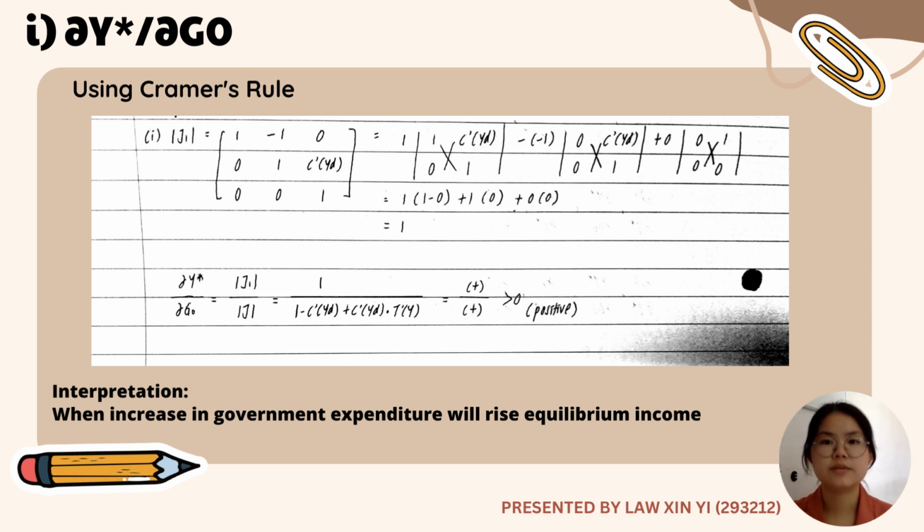The answer we obtain between y* and g is a positive relationship. This means that when government expenditure increases, the equilibrium level of income will also increase by 1 over 1 minus c_yd plus c_yd times t_y, and vice versa.